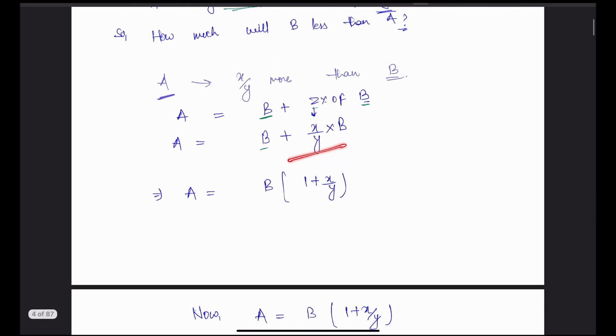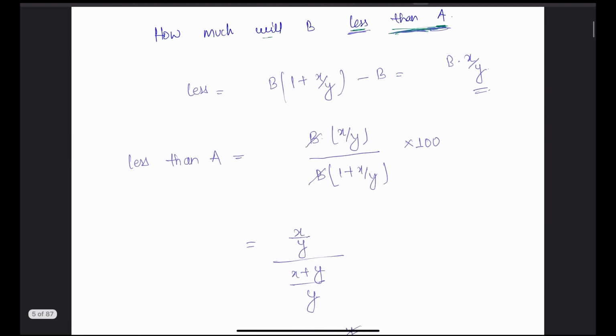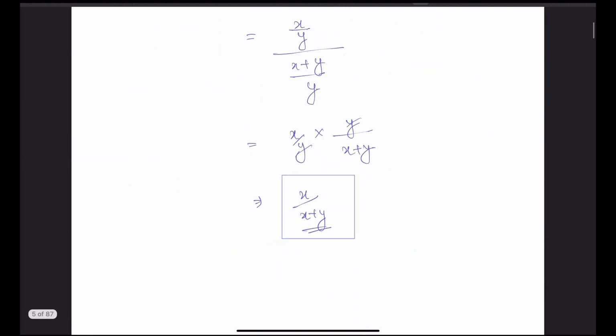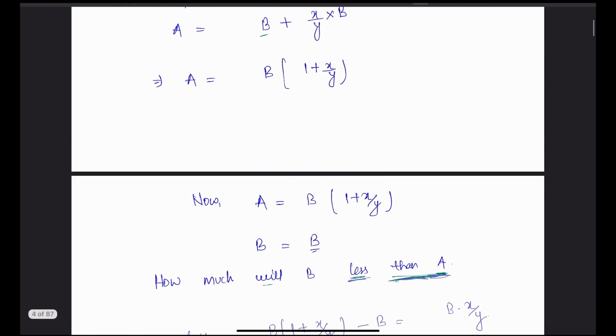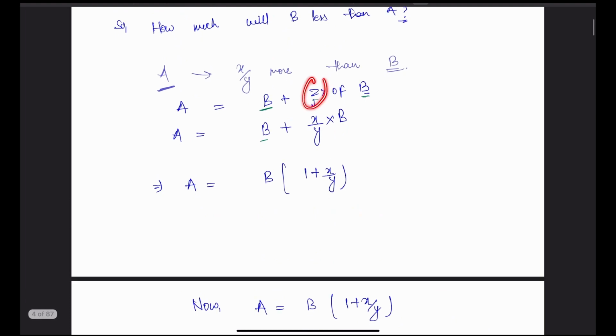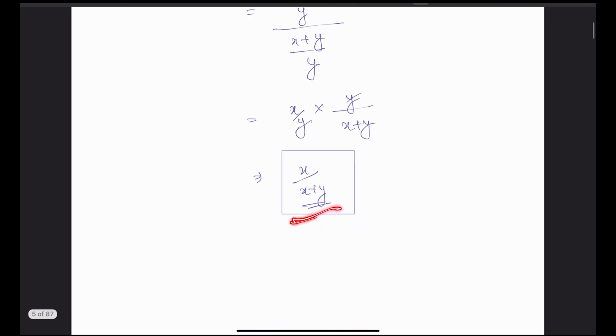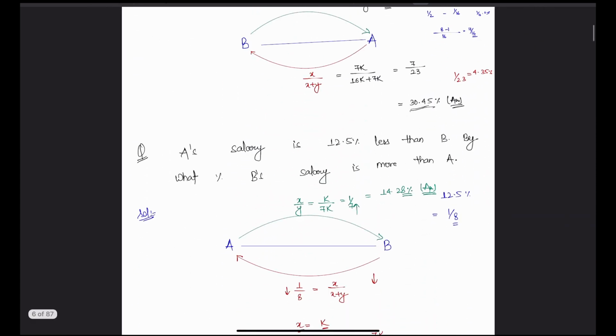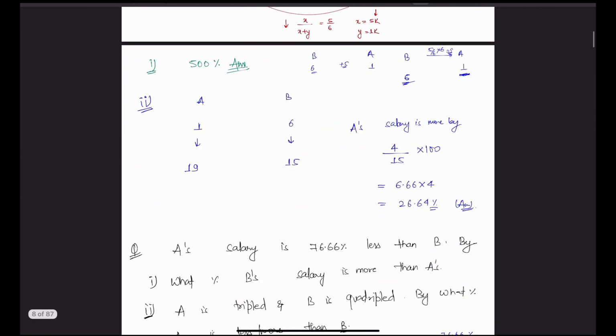We first derived how this term x by x plus y came, by first increasing z%, which is nothing but x by y, and finding out how much it is decreased by the formula x by x plus y. Then we solved some questions on the very same concept.